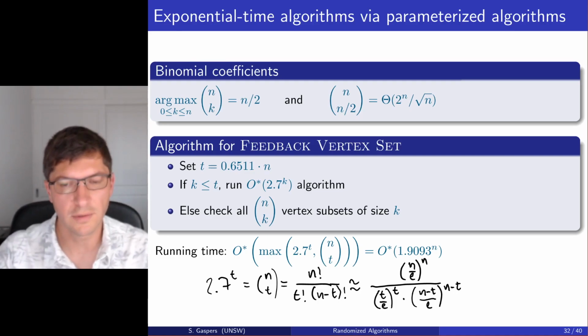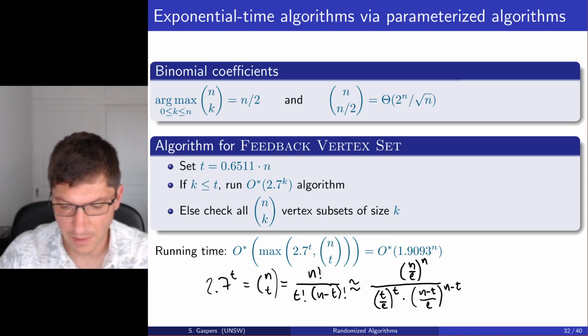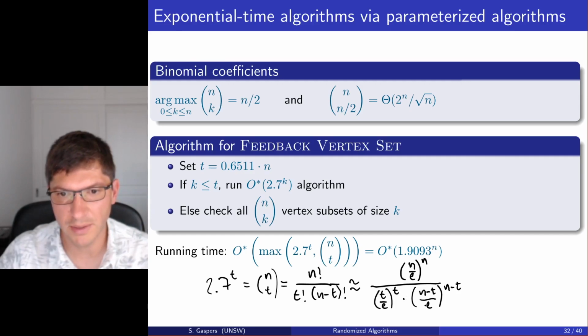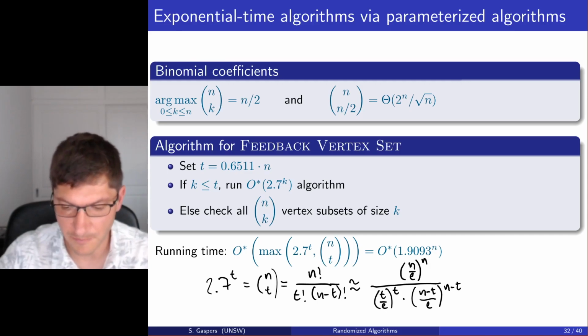So now, if we look at this factor 1 divided by e, how many times does it occur? So 1 divided by e is raised to the power n on the top. And on the bottom we have 1 divided by e to the power t times 1 divided by e to the power n minus t. So on the bottom it occurs t plus n minus t, so n many times, and at the top we also have 1 divided by e n many times.